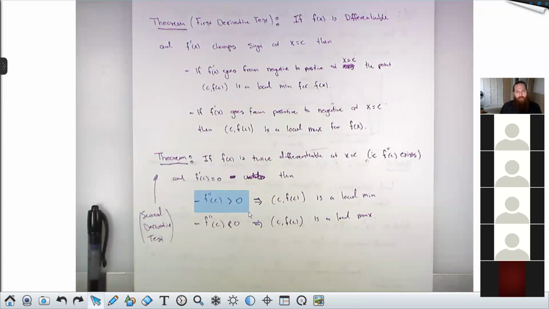If f double prime of c is positive, that means f of x is concave up at c. So if you're concave up and you have a critical number, then that critical number has to be a local min. If you're concave down, if f double prime is negative at a critical number, then that critical number has to be a local max.